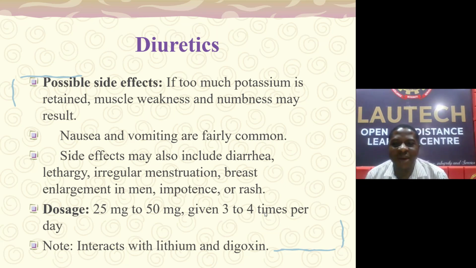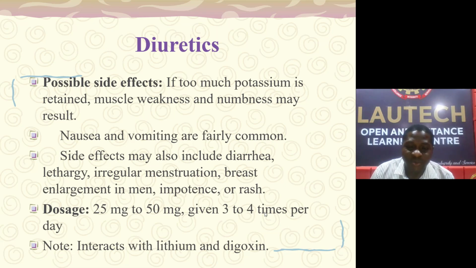Nausea and vomiting are fairly common. Side effects may also include diarrhea, lethargy, irregular menstruation, breast enlargement in men, impotence, or rash. The dosage is 25 milligram to 50 milligram, given 3 to 4 times per day. Note, it interacts with lithium and digoxin.